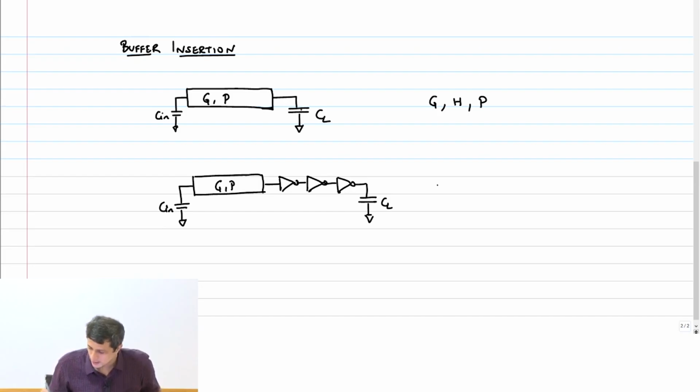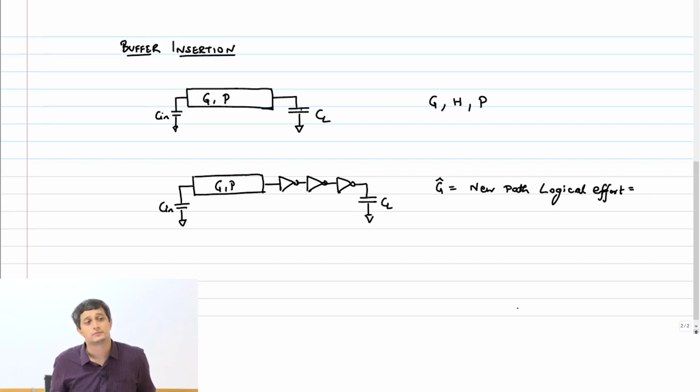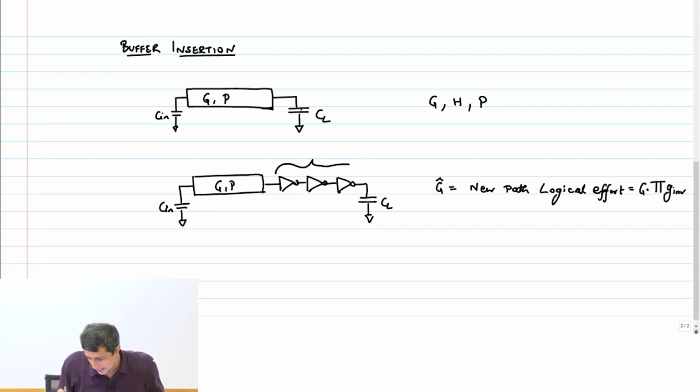So what is the new path logical effort? It is just G into the product of the logical effort of all my inverters. Correct? How many inverters am I adding? Let us assume that there are N1 gates.